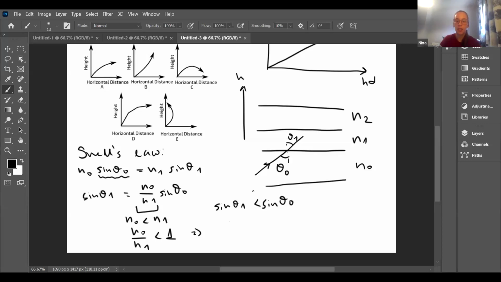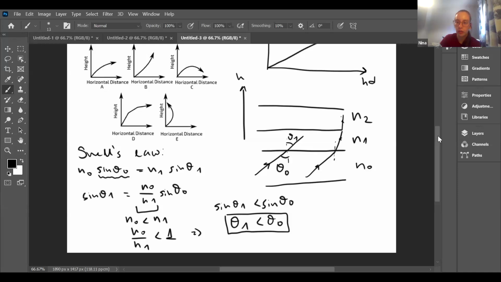And because the angles are between 0 and 90, the sine is just increasing. This means the new angle would be smaller than the old angle. So each time light goes into a layer above, it goes closer to the perpendicular. And here it goes even closer to the perpendicular and so on.